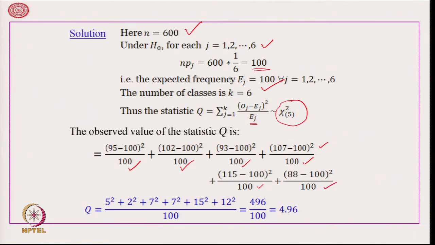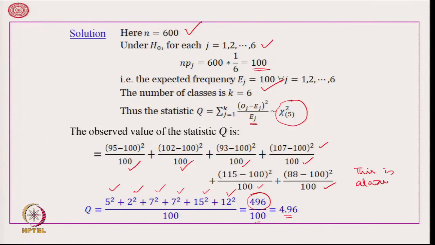Now, you understand how to compute the statistic. So, this value is coming out to be 5 square plus 2 square plus 7 square plus 7 square plus 15 square plus 12 square, which is 496 divided by 100, that is 4.96.